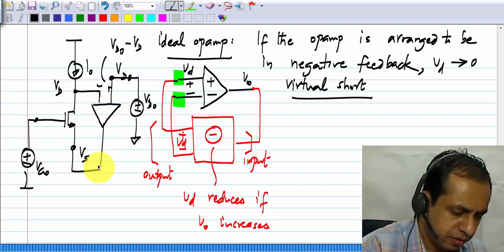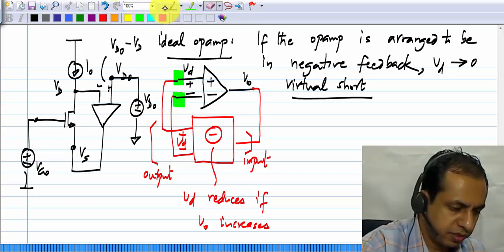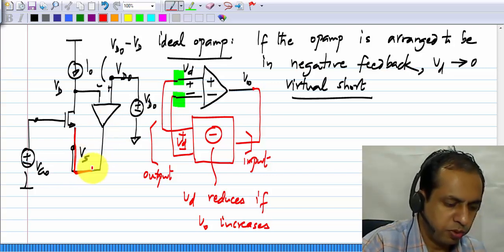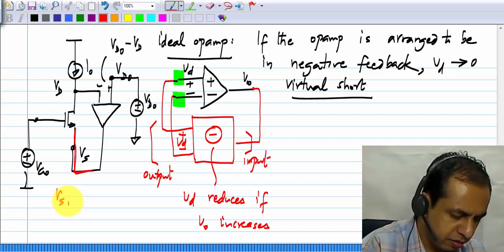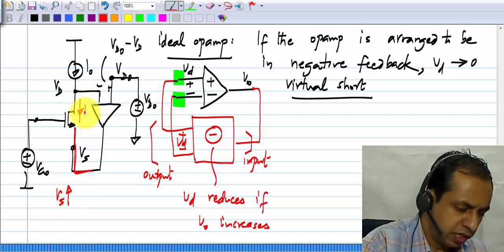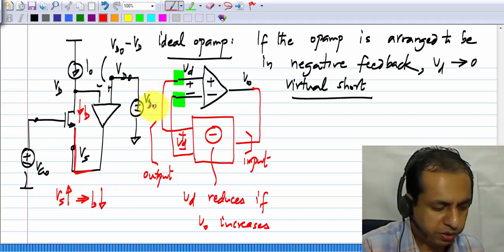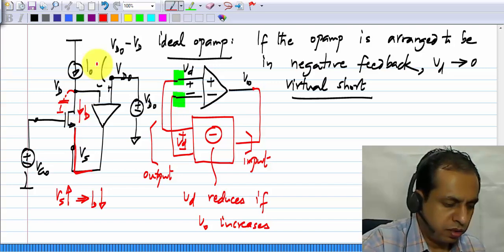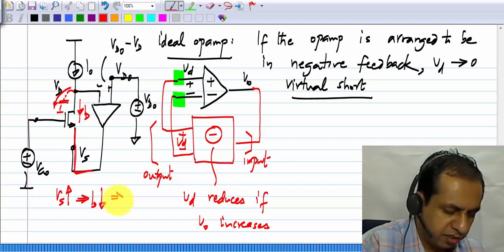and I will now analyze the rest of the circuit, that is from this point onwards. This is the output of the op amp that I call Vs. Now what happens if Vs increases? This ID here will actually reduce because the gate source voltage reduces, and in that case I0 minus ID will flow into this capacitor and raise the drain voltage.